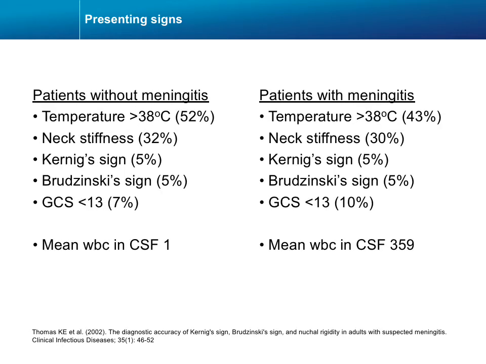In terms of the signs on physical examination and the baseline characteristics, i.e. age and gender, and clinical presentation was similar in both groups, but you can see here neck stiffness as a physical examination finding in about a third. And these Koenig's and Brudzinski signs only in 5% of patients.